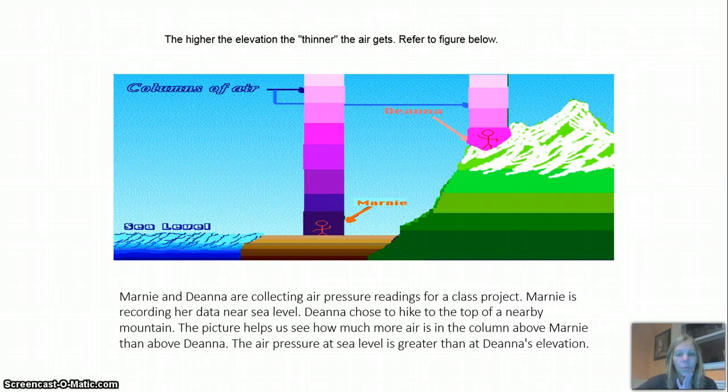So what I like about this diagram is the colors that represent how much air is above each person. So you can see here Marnie has much more air pressure on her because she has this much extra air, and it's more dense air that is pressing down on her than Deanna does.